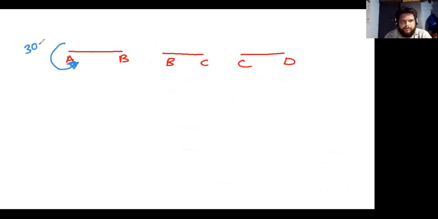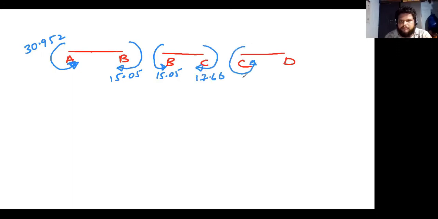This is 30.952, and M dash BA, that is clockwise, 15.05. And similarly M dash BC is anti-clockwise, minus 15.05, so I write only 15.05, and for that minus I am showing anti-clockwise. The next one is clockwise, that is 17.66, and the next one is anti-clockwise again, 17.66. And here we have got 0, so there is no moment.